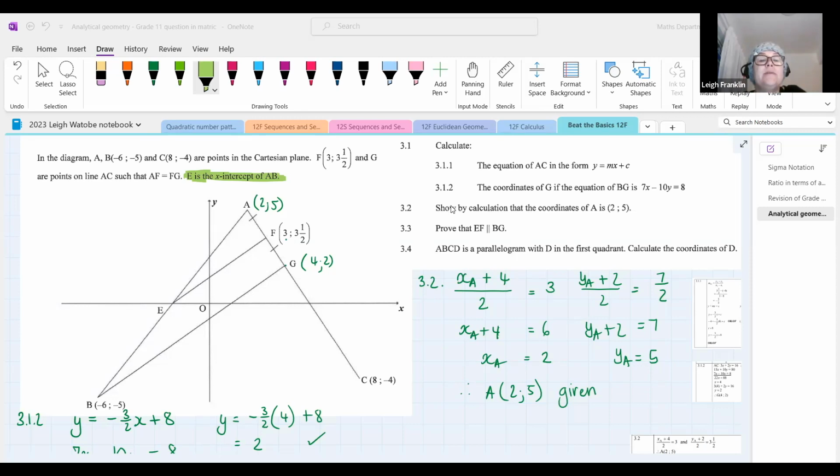Neliswa is saying, can we say that FE is perpendicular to AG? What would be our reason for that, Neliswa? I was thinking because you were saying that you can't just assume something that you are not given.